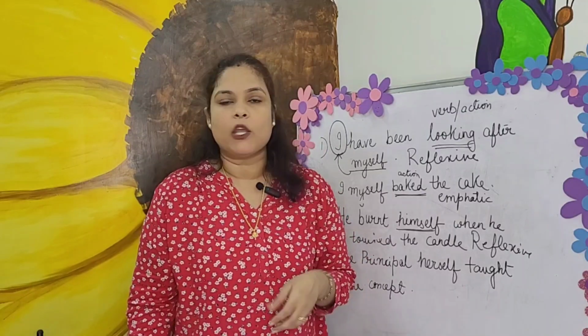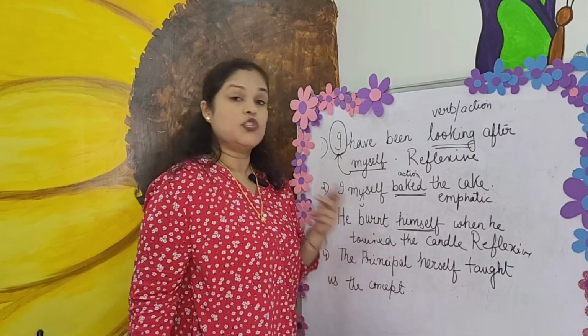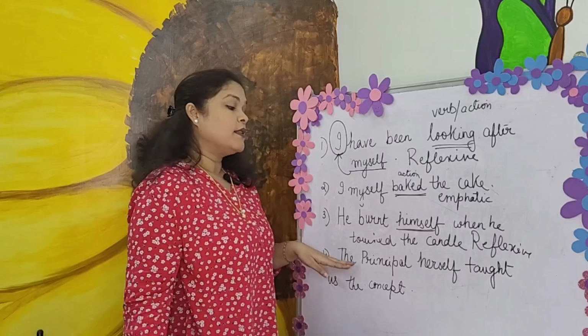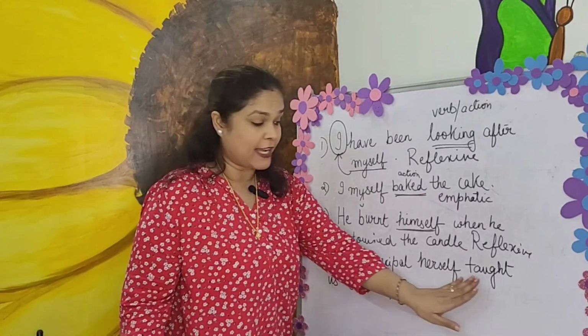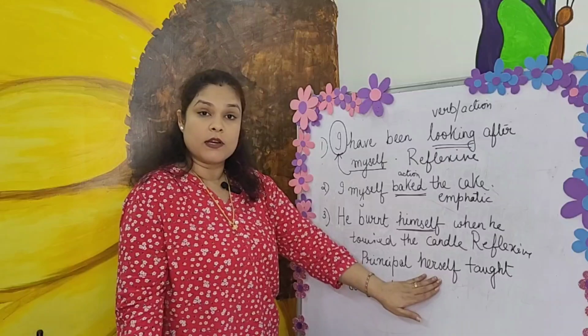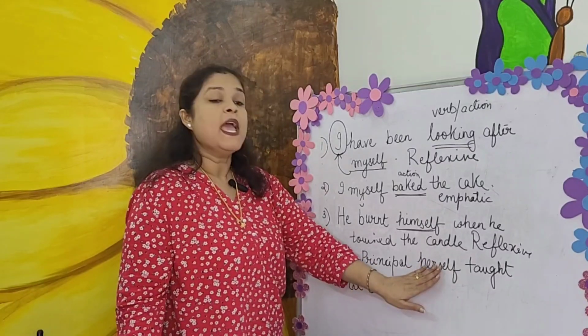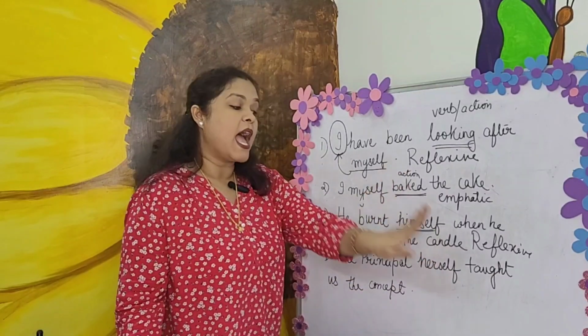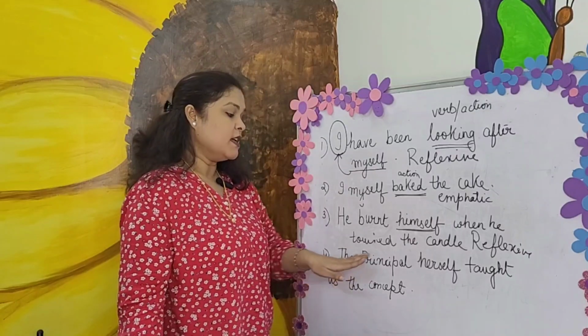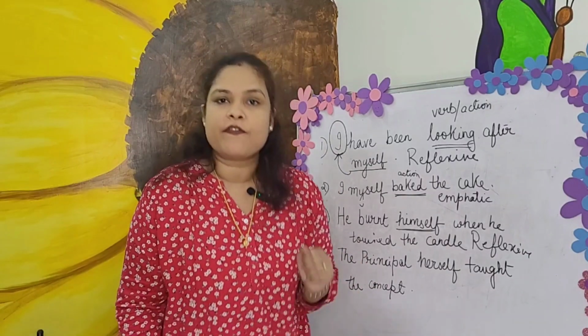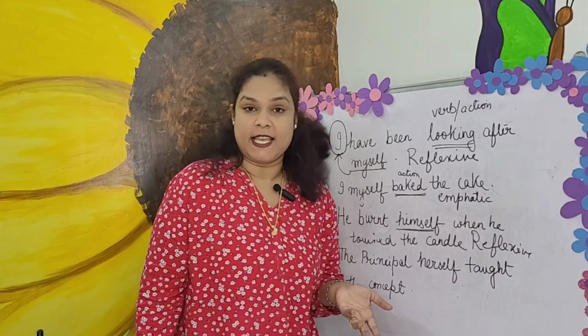So the core meaning of the sentence remains the same. So checkpoint 2 clear. Number 3, the action taught and the pronoun herself is basically emphasizing the action of the subject, correct? Which is the principal herself taught the concept, correct?